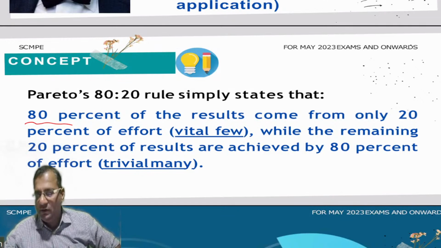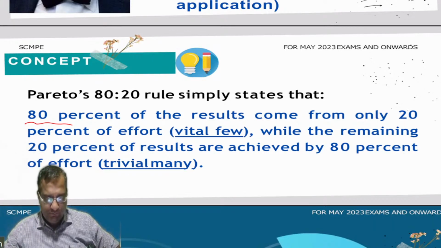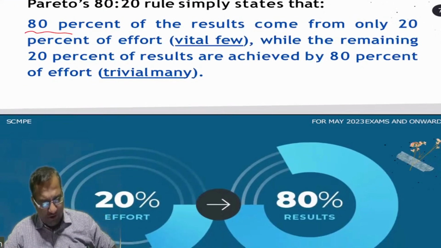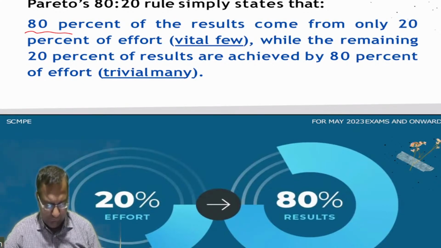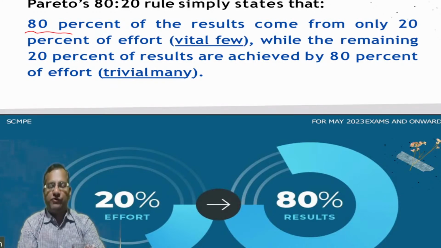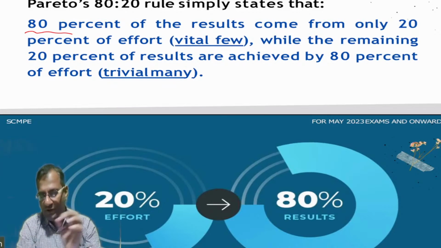Give the subheading concept. पूरा कॉपी कर दीजिए जो स्क्रीन में दिख रहा है आपको. 80% of the results come from only 20% of efforts, comma, known as vital few. Vital few को अंडरलाइन कर दीजिएगा.